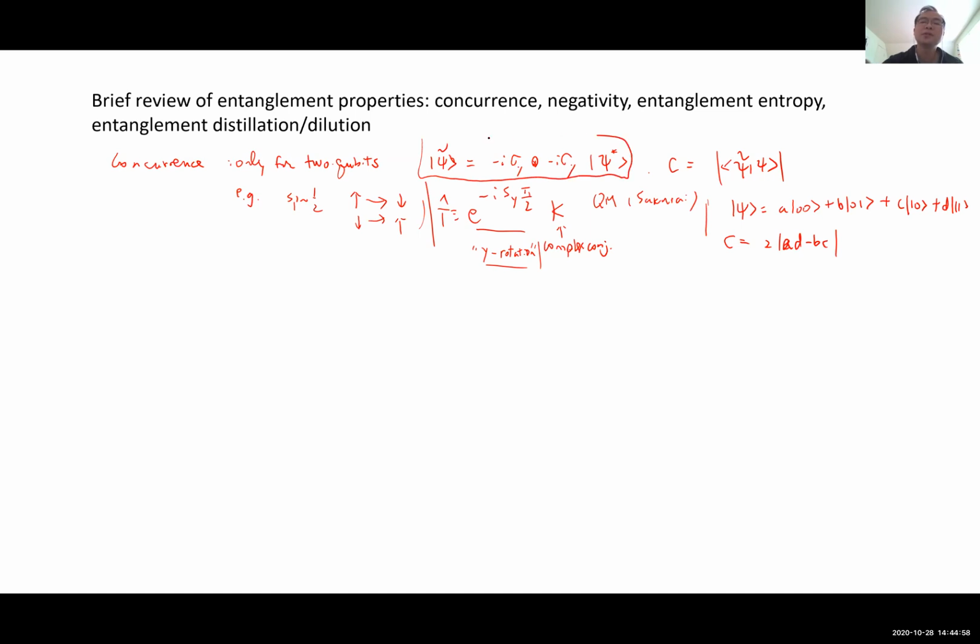For a mixed state, we generalize this. So a mixed state will be written as a density matrix. We generalize so that we define a rho tilde, defined by applying the time reversal.